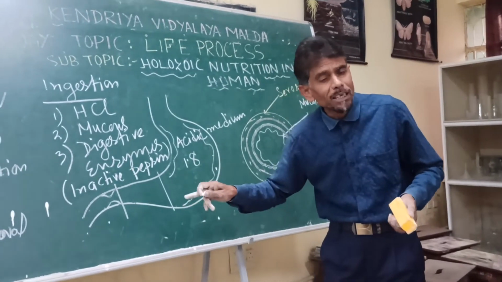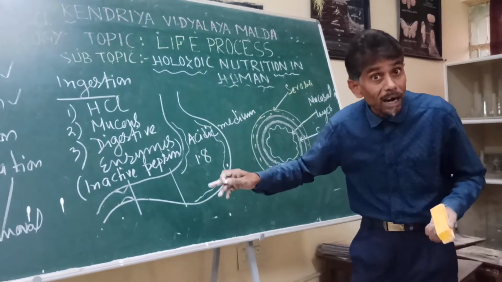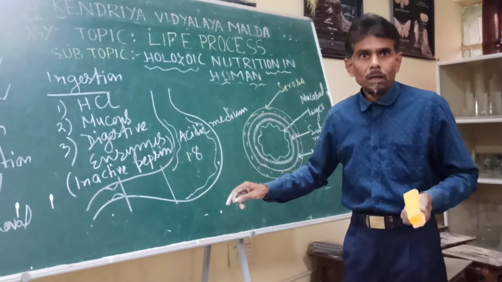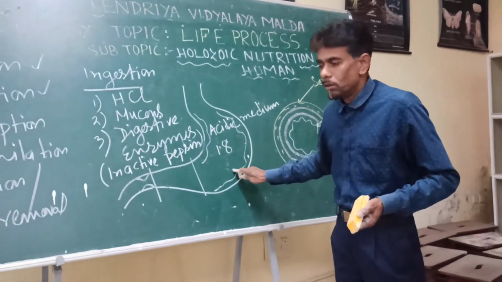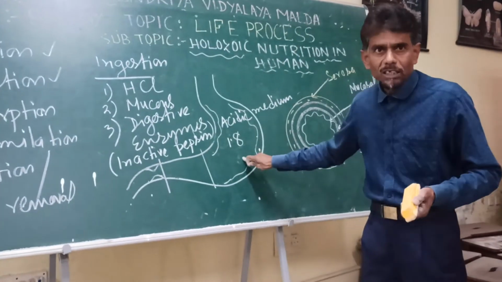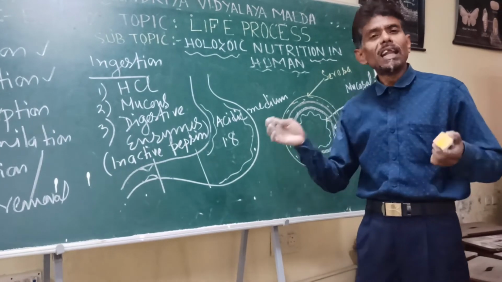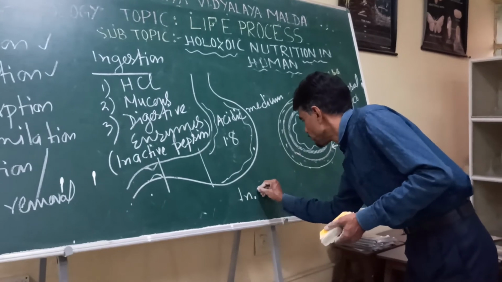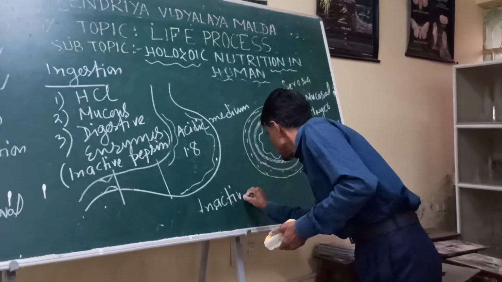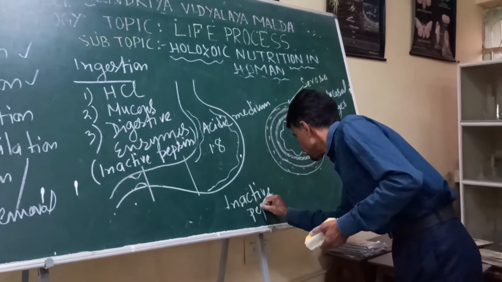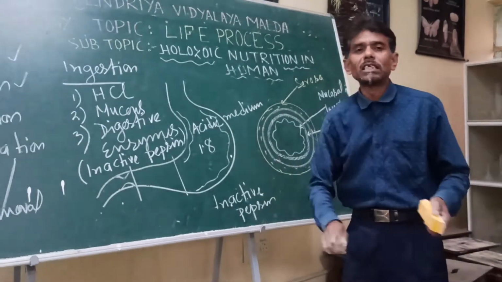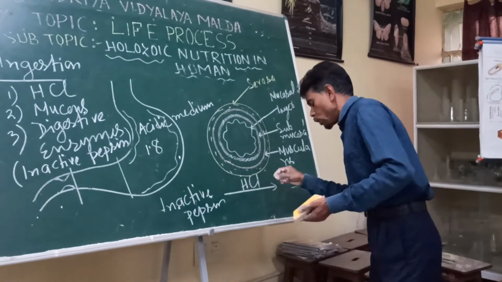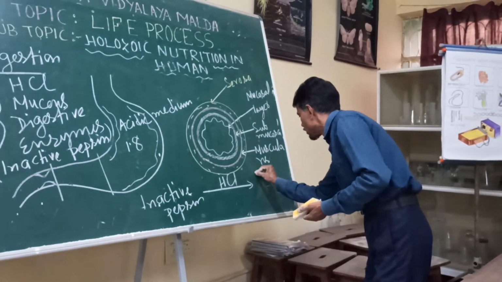Why is it making the medium acidic? Which is very, very required, because the inactive pepsin secreted from the gland secretion remains in inactive form, otherwise called pepsinogen, which becomes active in the presence of HCl to convert into active pepsin.